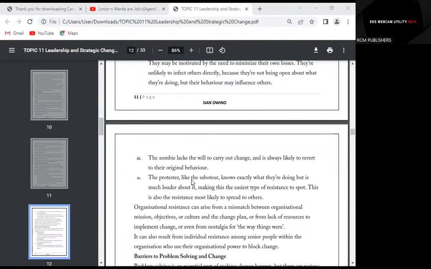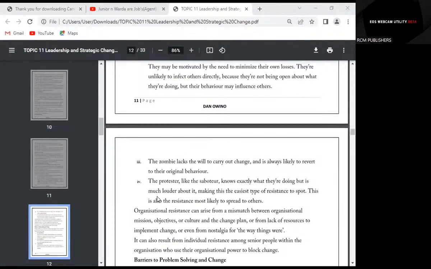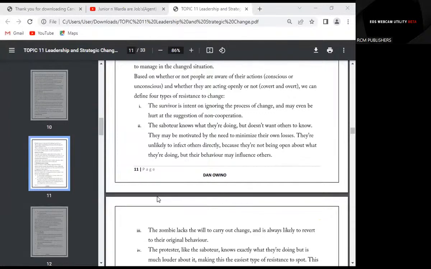Four, the protester, like the saboteur, knows exactly what they're doing but is much louder about it, making this the easiest type of resistance to spot. This is also the resistance most likely to spread to others. So those are the four: the survivor, the saboteur, the zombie, then the protester.